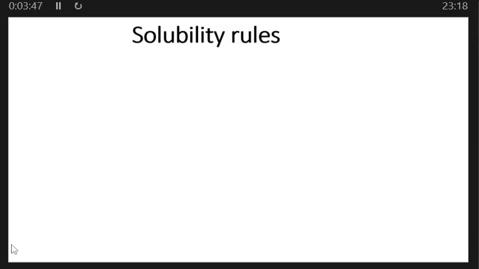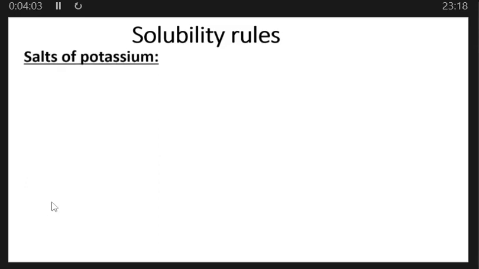These solubility rules must be memorized and remembered at all times when dealing with questions to do with preparation of salts. So let's start with the salts of potassium.